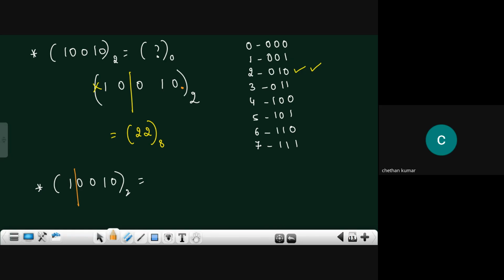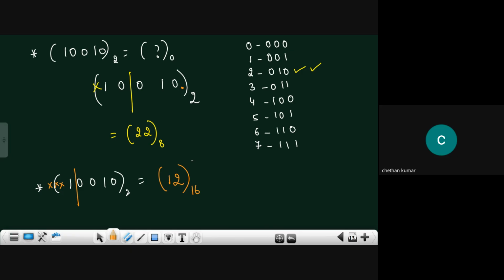You don't understand? Now if I group this, 0010 means 2, and the next digits you can consider as 1. This is 1 in base 16. Now we understood from this example how to convert binary to decimal, binary to octal, and binary to hexadecimal.